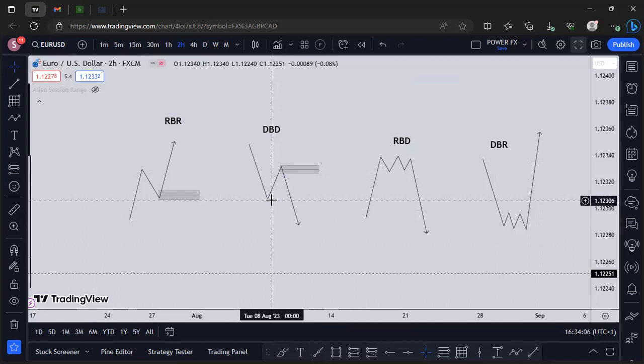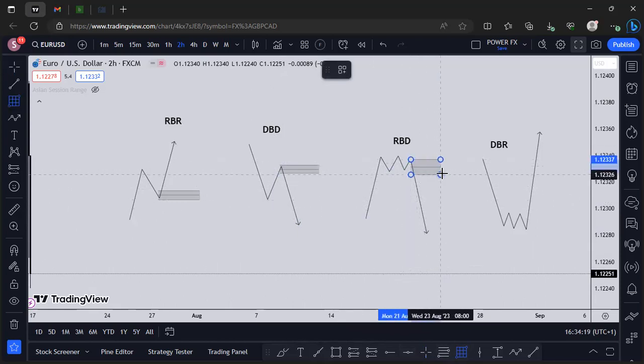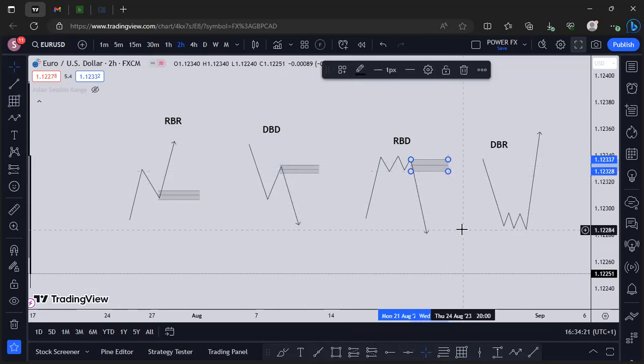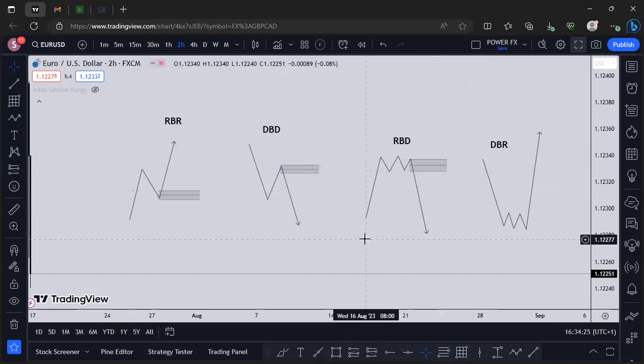Sorry, the previous break of structure. The base that caused the previous break of structure, that's what we would want to be looking at. As to this one, these are bases. Why are we choosing this base? Because it caused the previous break of structure.